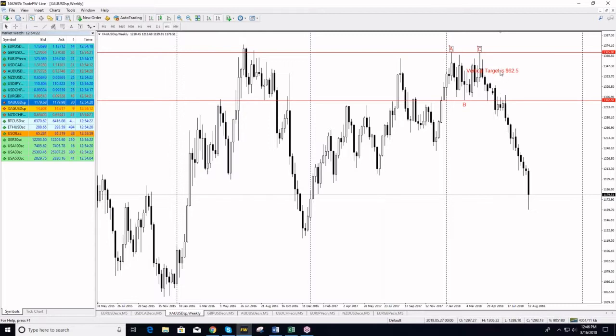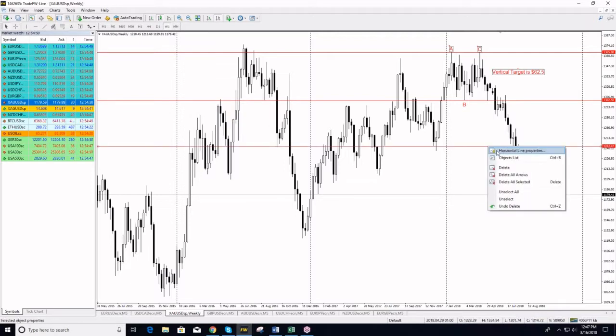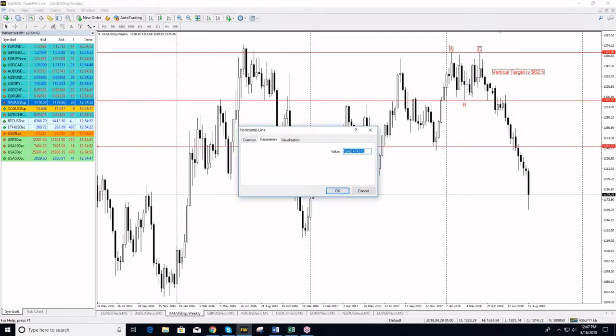So why do we care about that? Because this target will reveal the next targets which can act as support and resistance levels. Now, from the lowest part of the pattern, if we minus this distance, so in other words, 1,302.50 minus 62.50, the first target price for gold was 1,240, guys.